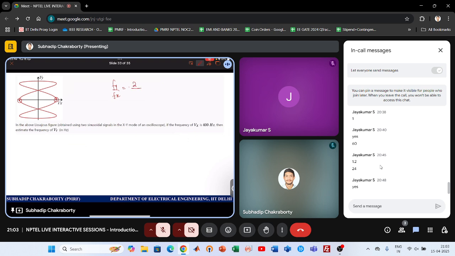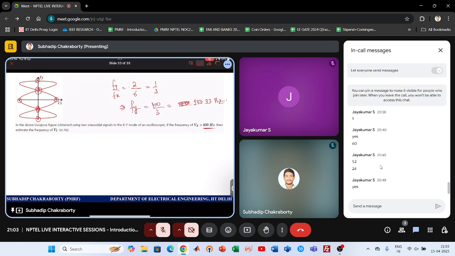But vertical intersections are 1, 2, 3, 4, 5 and 6. So 1 by 3. So if I know fx, which is 400, then it will be 400 by 3, or 133.33 hertz. Accordingly, you can find out the frequency information.